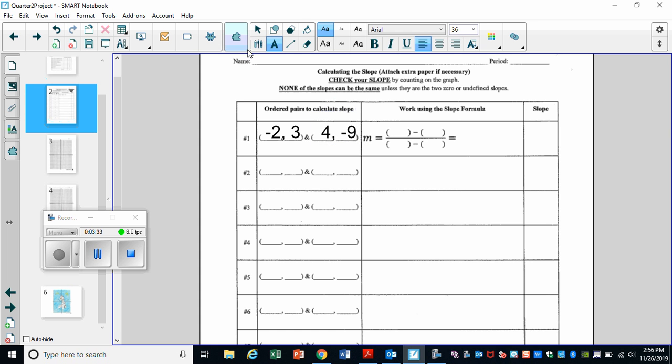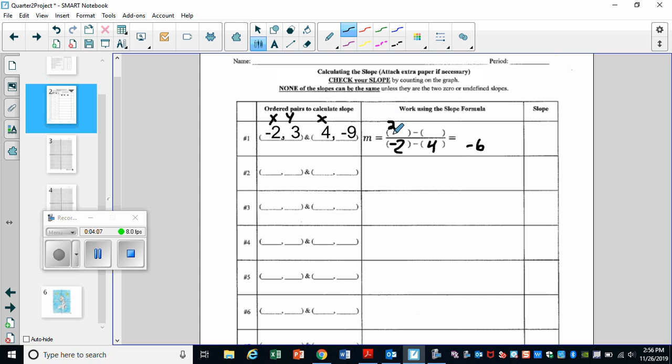So now, what you do, you take first x, -2, and then your second x, which is 4, and then you subtract those values first, and we get -2 minus 4, which is -6. And then for your y's, y is 3 minus -9, that's your other y.